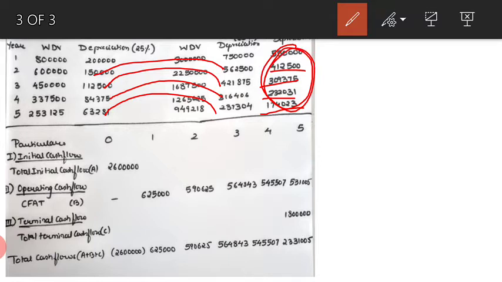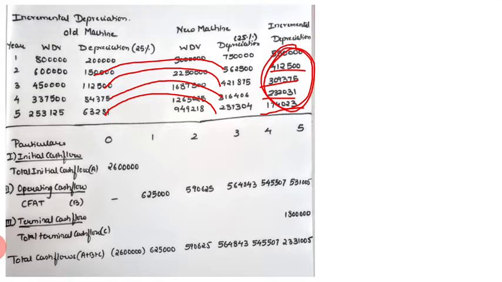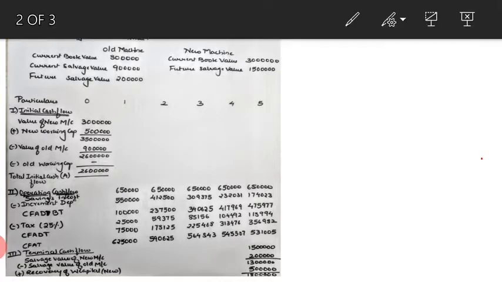Now once you calculate the incremental depreciation as a working note, we have to go back to the problem and use those values. So if you see here, I have taken the incremental depreciation as per the working note, that is 5,50,000, 4,12,500, 3,09,375, 2,32,031 and 1,74,023. Once I calculate incremental depreciation, then we have to deduct it from the savings in manufacturing cost.